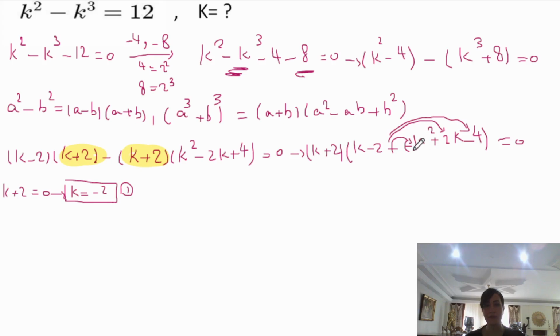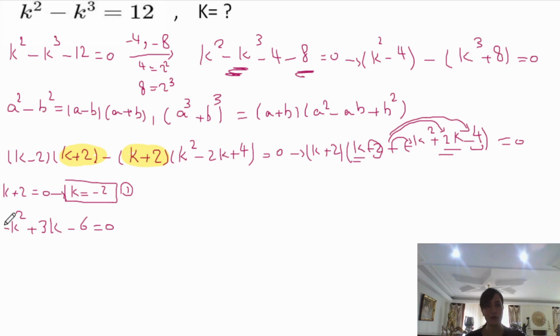How many k squared terms do we have? 1, which is negative k squared. And how many k terms do we have? 1 here, 2 here, so it would be 3k. How many constants? Negative 2 and negative 4, which gives me negative 6, equals 0.